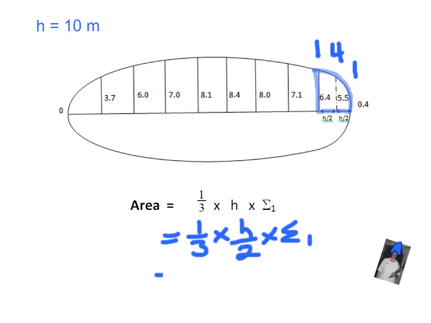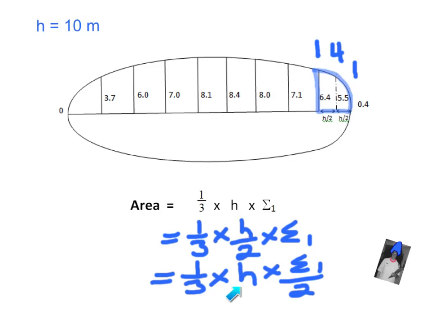We could also, though, instead of dividing the common interval by 2, divide the area function by 2. It wouldn't change our answer, but it will give us an advantage in later calculations, because we'll be able to use the same h value for both the appendage and the remainder of the waterplane area.